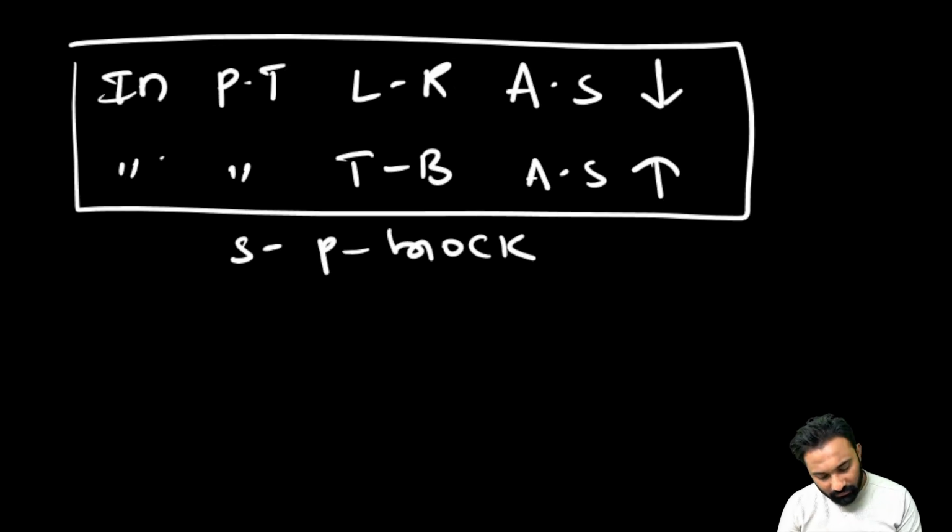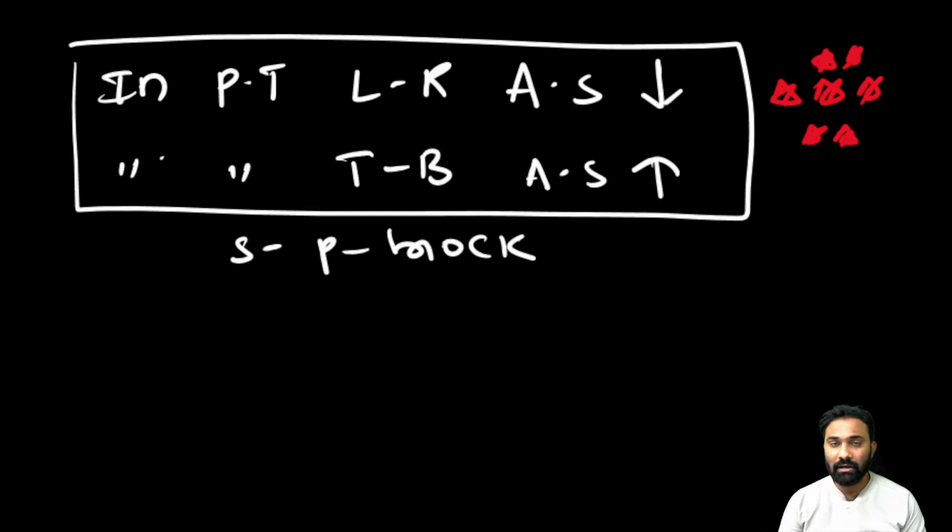But when we apply this general trend to the D block elements, there we will get the problem. Many students face difficulty in the D block elements. For the D block elements and the F block elements, the general trend we got is not satisfying.